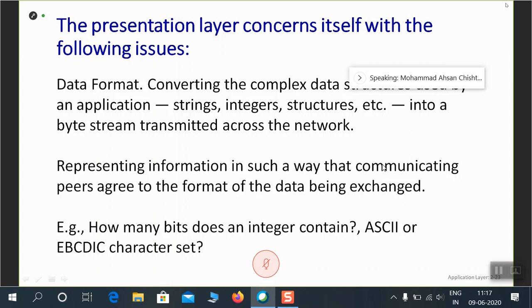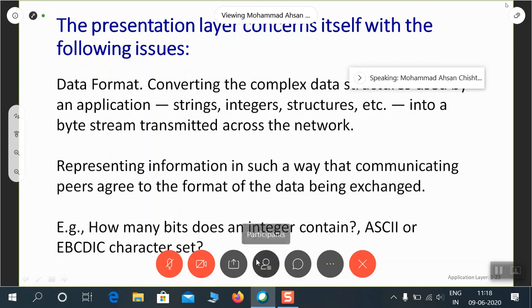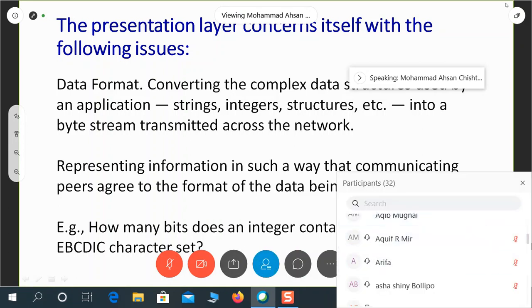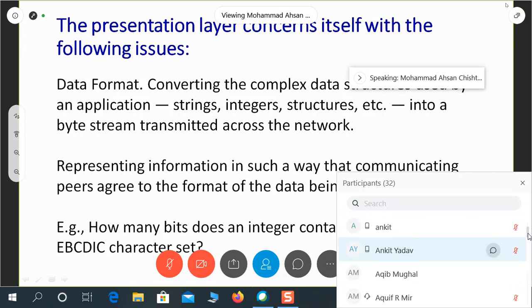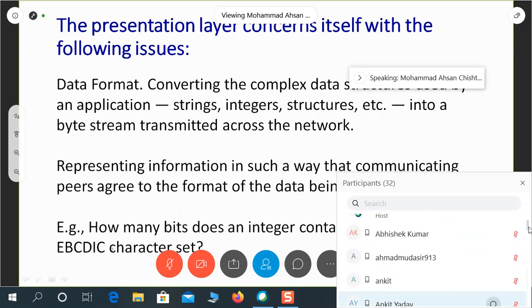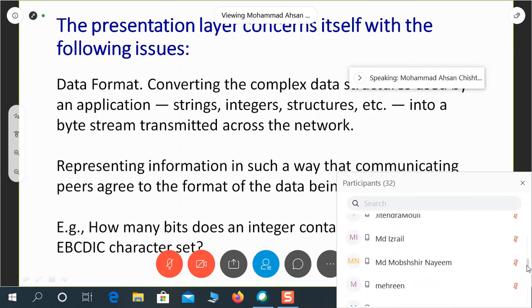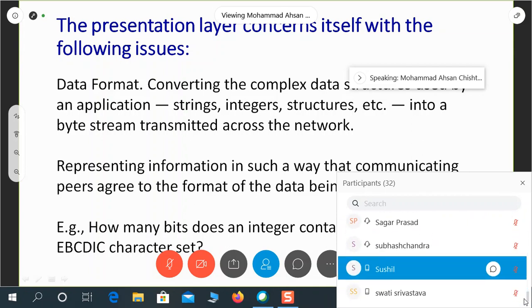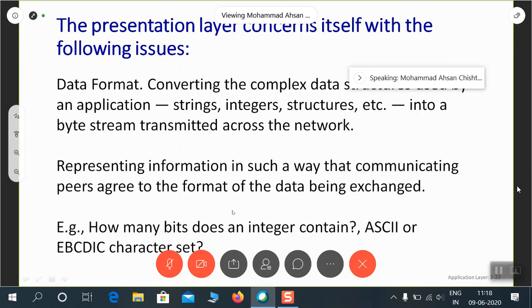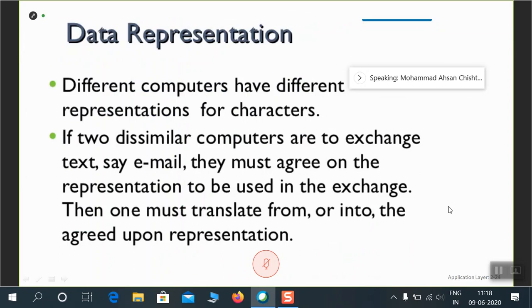They may represent data like strings and integer structures in different ways, such that you would need somebody in between to format the data that is being exchanged. Here in the slide, you can ask: how many bits does an integer contain? Are you using an ASCII or ABCD character set? This is where data representation comes into being.